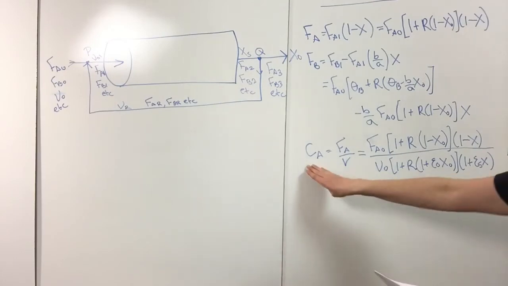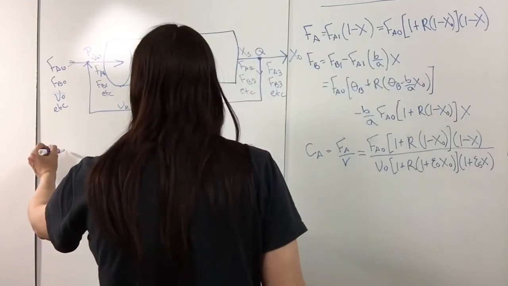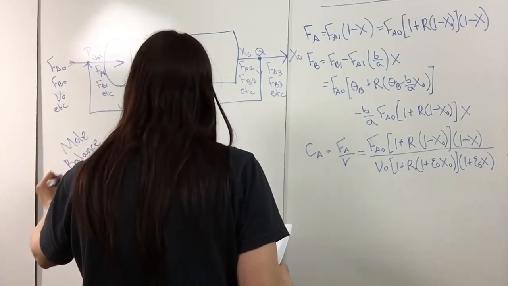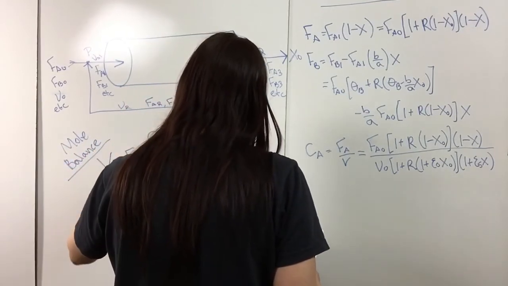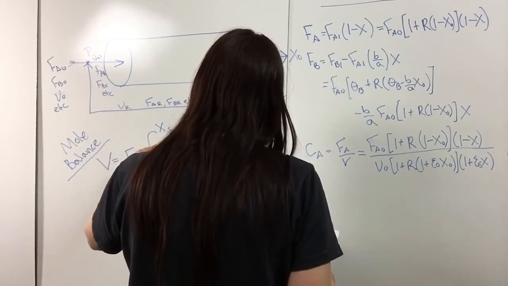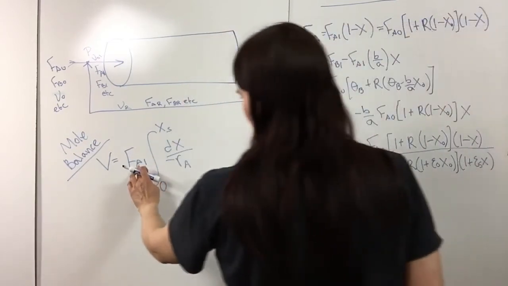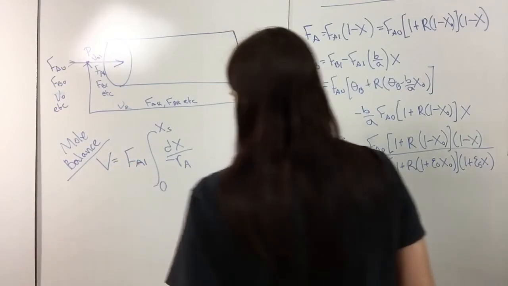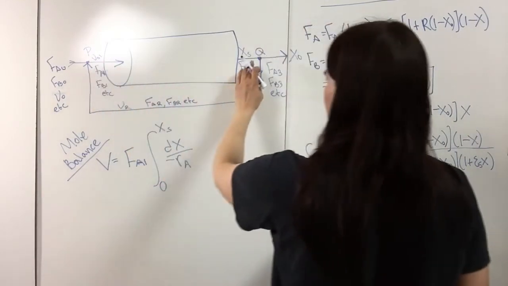So then from here, we can write a design equation for this. The equation for a PFR would be, so I'm going to write the mole balance, V is equal to FA1 integral from 0 to XS of dX over minus RA. For this, we're looking at the conversion from here to XS.